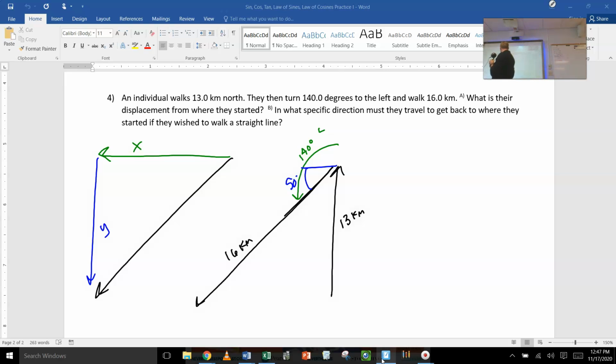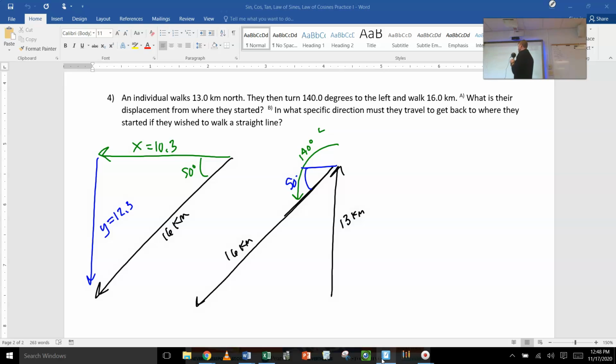So this being 50 degrees, and this is also 16 kilometers, I'm going to use the sine and the cosine to find that. Using the sine, 16 times the sine of 50, you end up with 12.3. And 16 times the cosine of 50, you end up with 10.3.